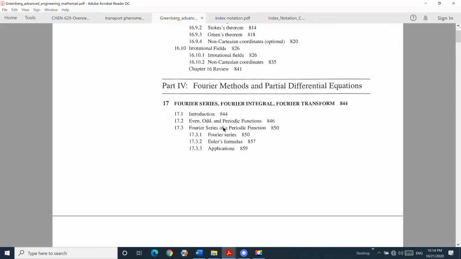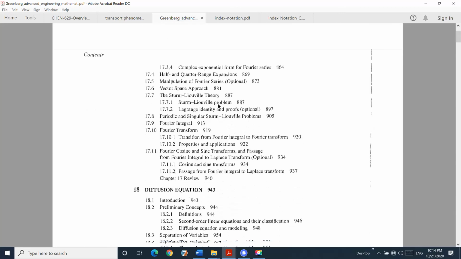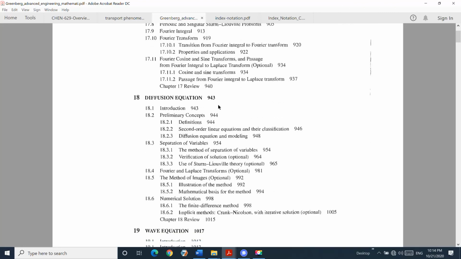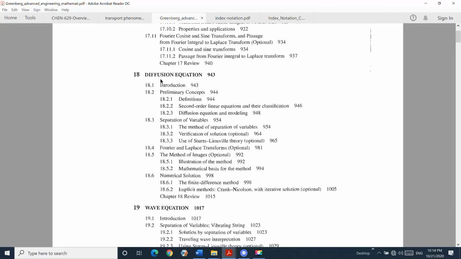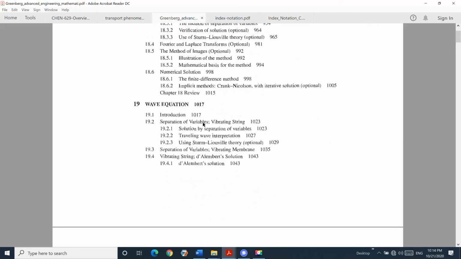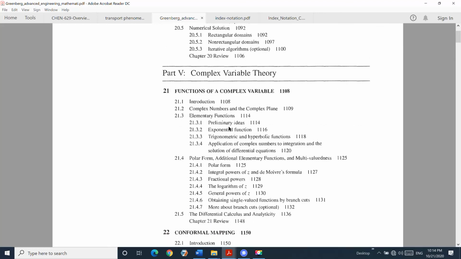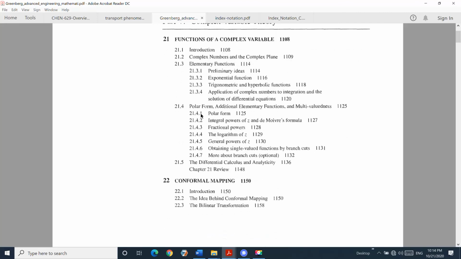The fourth part talks about other mathematical concepts. Chapter 18, diffusion equations, is important here, along with the wave equations and Laplace equations. And part 5 talks about complex variable theory and so on.